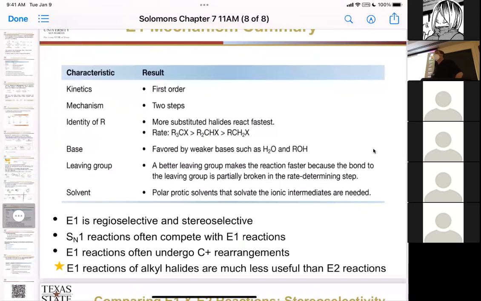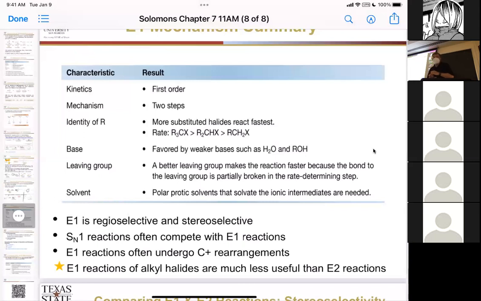So that's a polar protic solvent right here. The better the leaving group, the faster the reaction, because you have to break that bond first. So iodine's better than bromine and bromine's better than chlorine. Okay. And again, the polar protic solvents are used because the carbocation is stabilized in polar protic solvents.